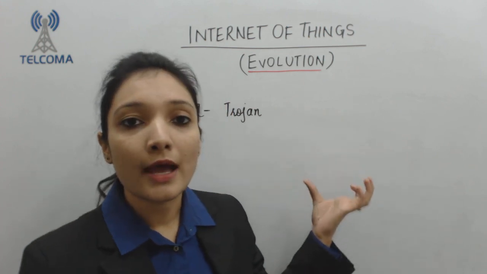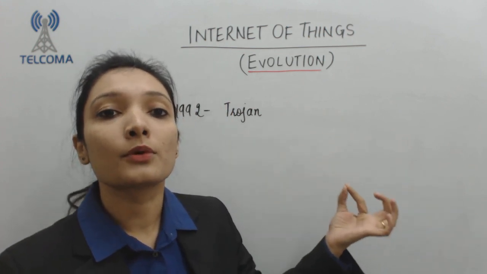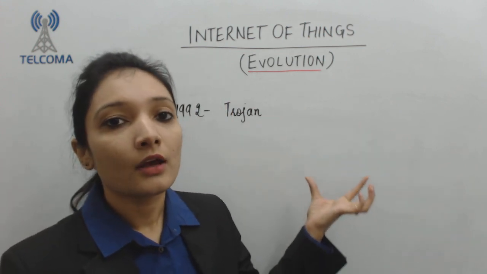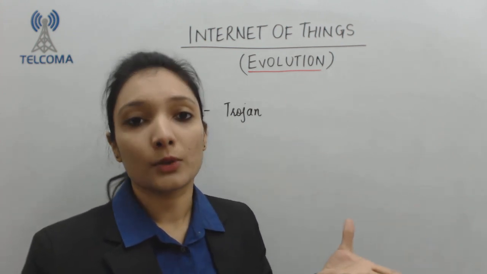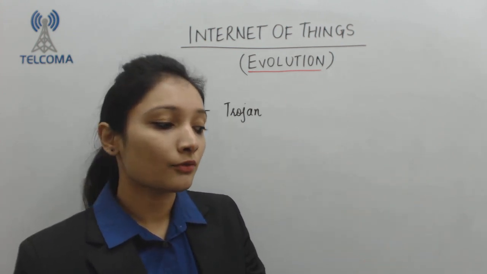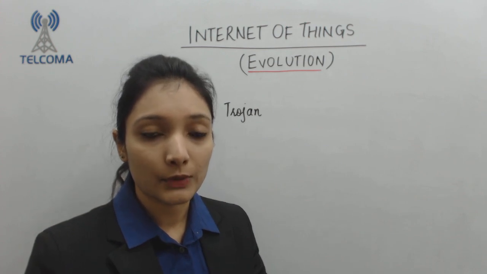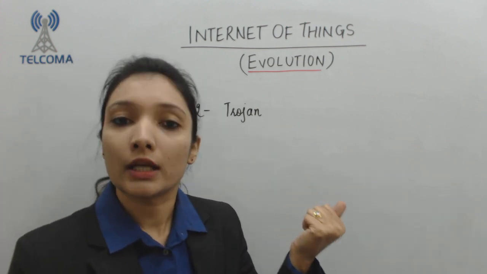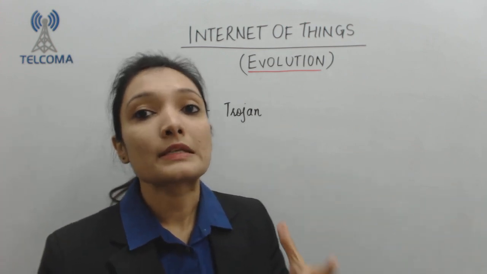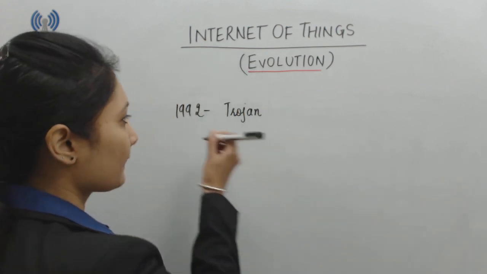This was a server and software programmed application which was regarded as a smart object because it could capture information from one location and transfer it to another location with the help of internet connectivity.